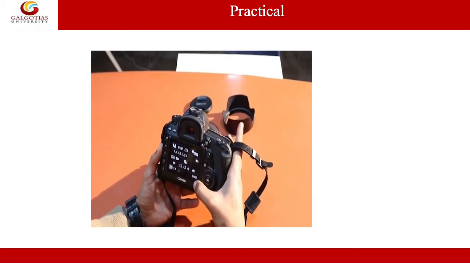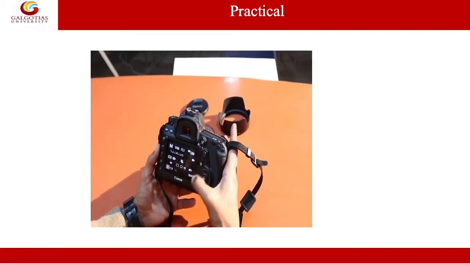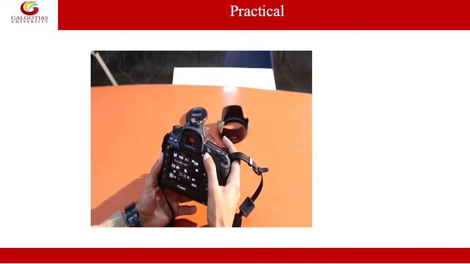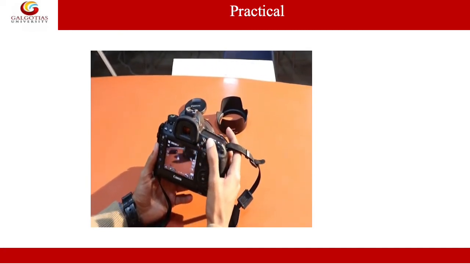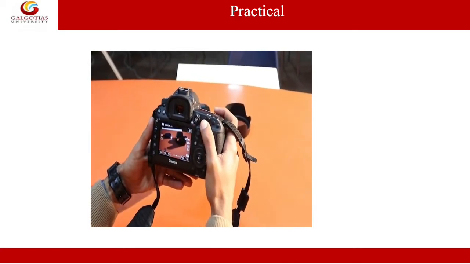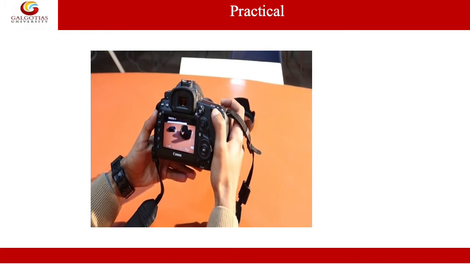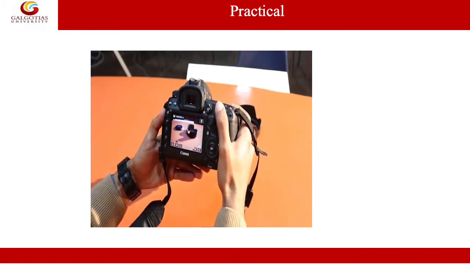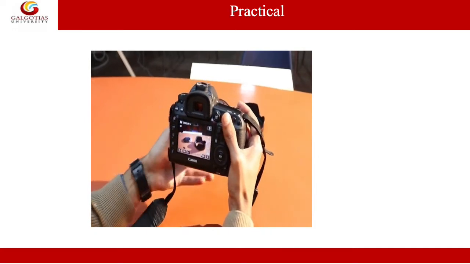In order to change this view and set the live screen mode, we just need to press this button. So now our camera is set on live screen mode, where the object is visible on this screen.